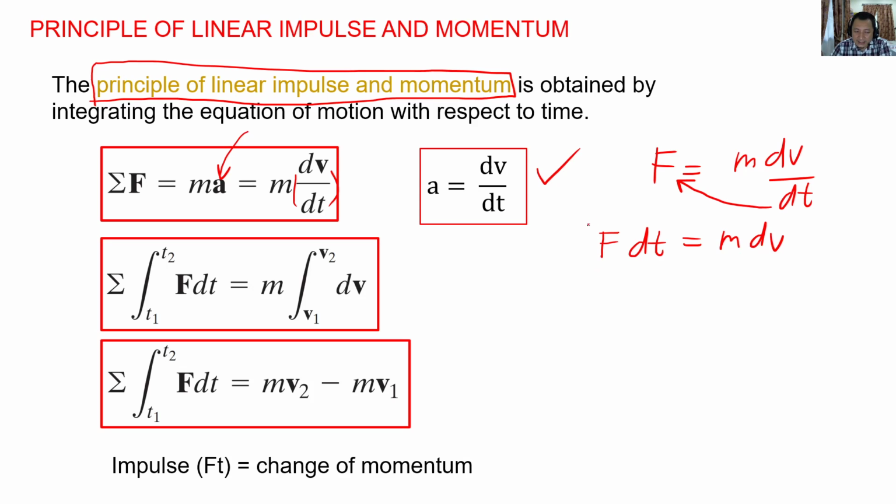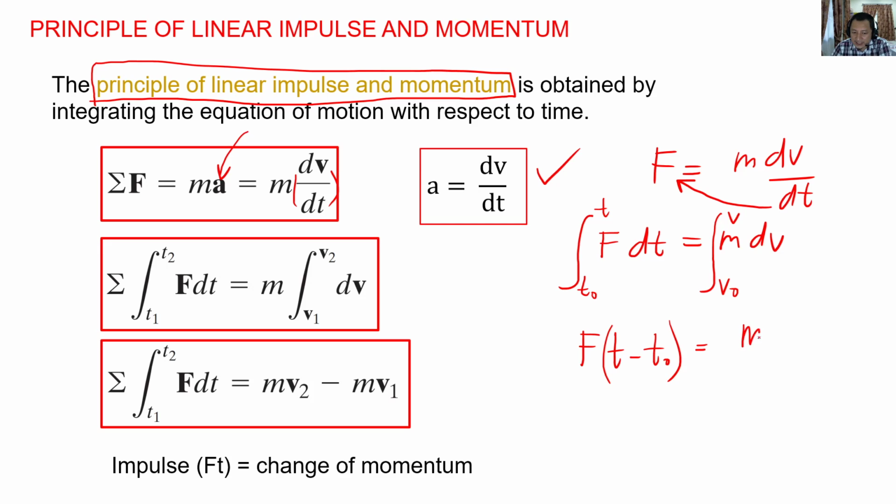Now you can integrate this part over time, and this part over velocity. So you've got t naught until t, and v naught until v. When you integrate F dt, you're going to get F times t minus t naught.